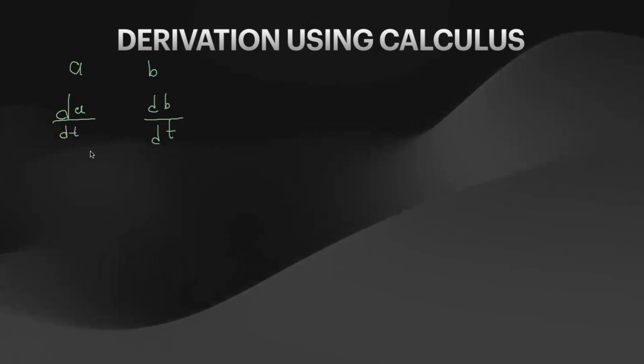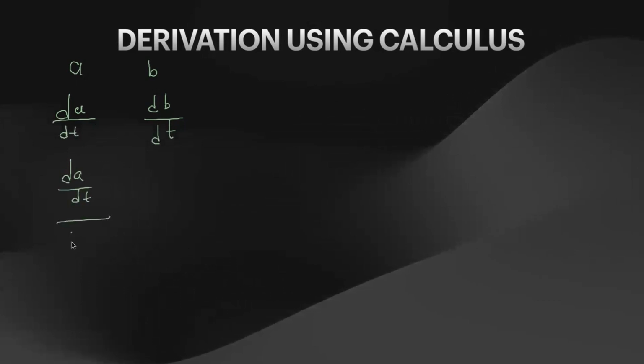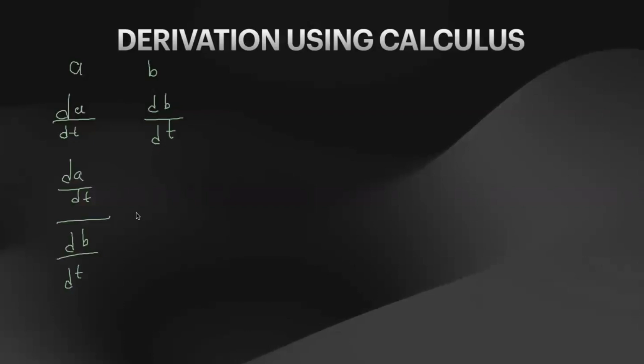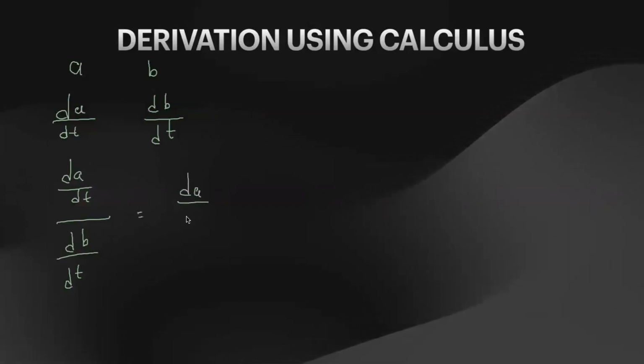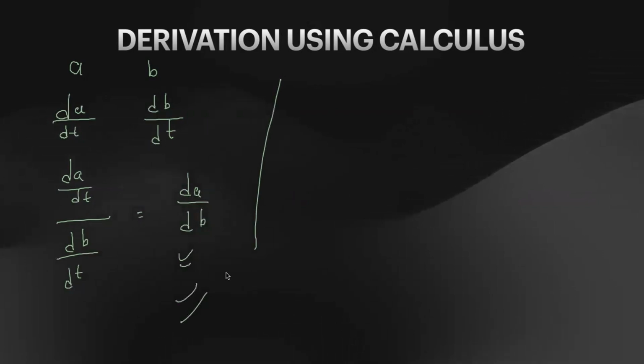Now, when I divide dA by dt by dB by dt, you can write it as dA by dB. So this is one formula in maths which you have to remember. Remember, this is applicable only for the first derivative. Only when you differentiate A and B once, only then this applies.